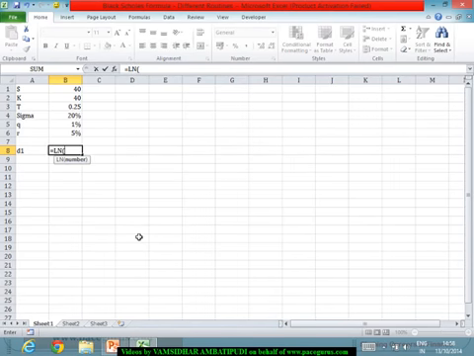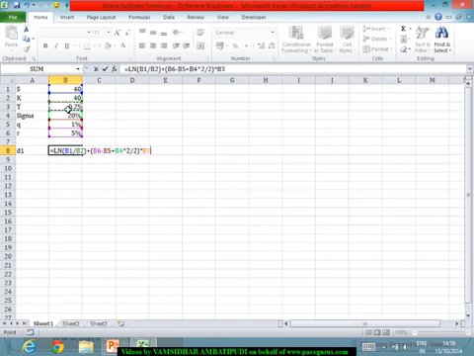So I'll take it as log S by K plus R minus Q plus sigma squared by 2 multiplied by T divided by sigma root T. So this is sigma into square root of T, right?